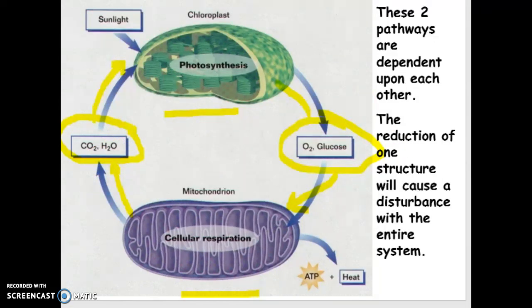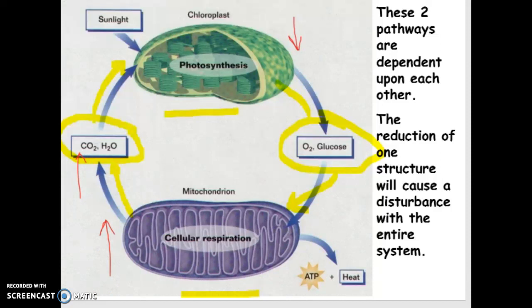They work together hand in hand. They're supposed to be balanced. But what we've done is we have done a massive decrease in the number of organisms that run photosynthesis, and there's a significant increase in cellular respiration and also other sources of producing carbon dioxide, and we've thrown these two systems completely out of whack.